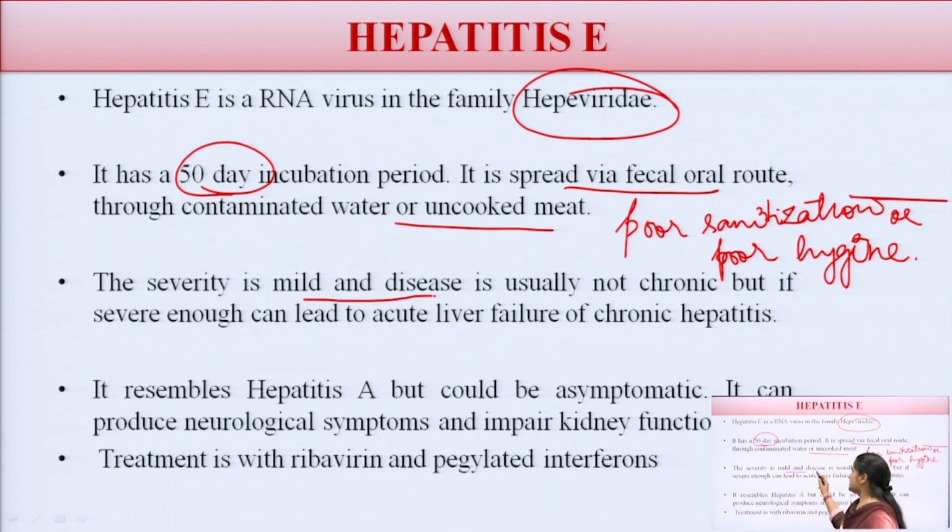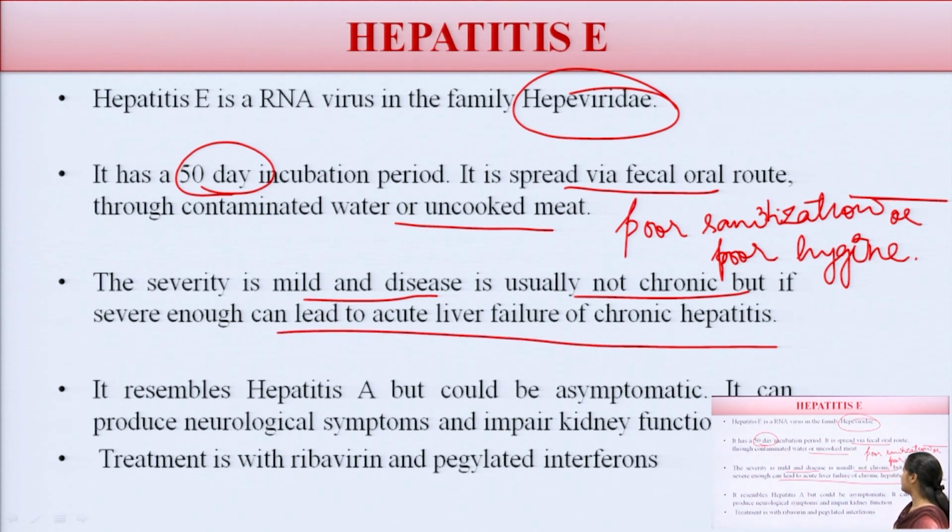Now, severity is mild, and this disease is usually not chronic, but if it gets serious, it leads to acute liver failure or chronic hepatitis. This means it is not as severe as hepatitis C, but whenever it becomes chronic, it causes liver failure. Now, it resembles hepatitis A, but it is not asymptomatic.